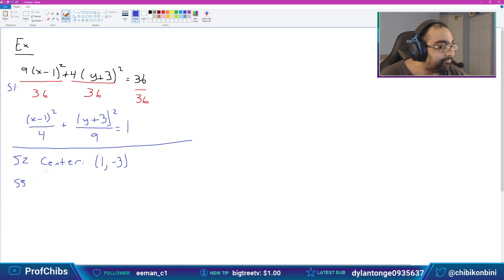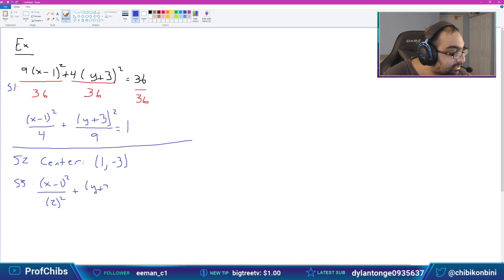If we're going to identify A and B, again, just rewrite your problem here. So you have x minus 1 squared over... A is 3 and B is 2. That is correct. So you'll have 2 squared here. And then you'll have plus y plus 3 squared, which is over 3 squared.